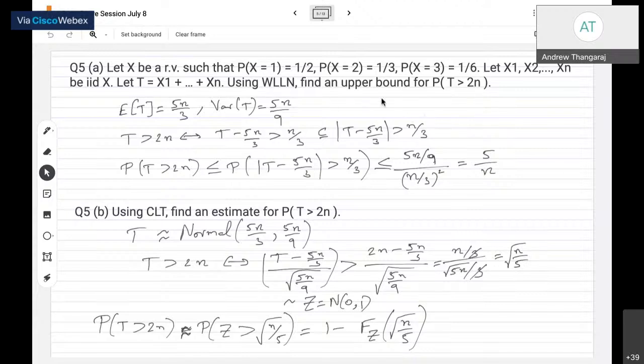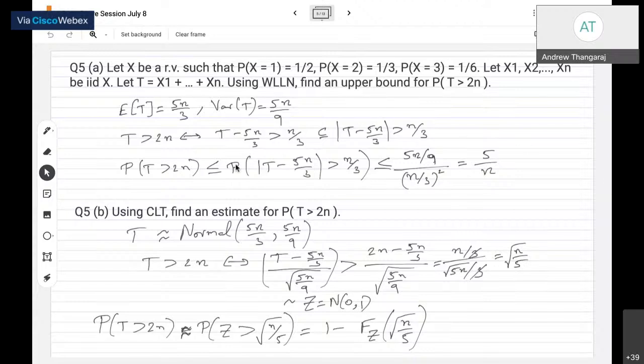I keep saying weak law of large numbers, but really these kinds of questions are Chebyshev inequalities. Since we saw this in the context of the weak law of large numbers, I'm putting it up. So the probability that T becomes bigger than 2n falls with n as 5 by n. In fact, maybe there are sharper bounds, but at least it falls with n.